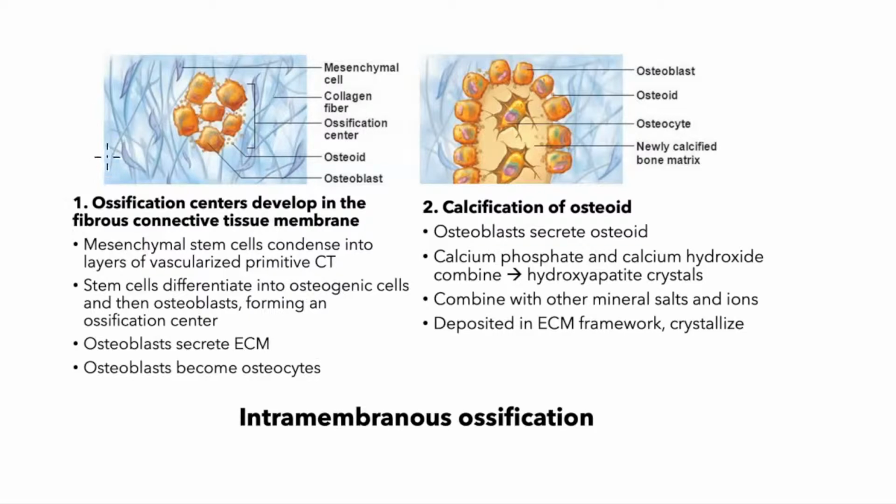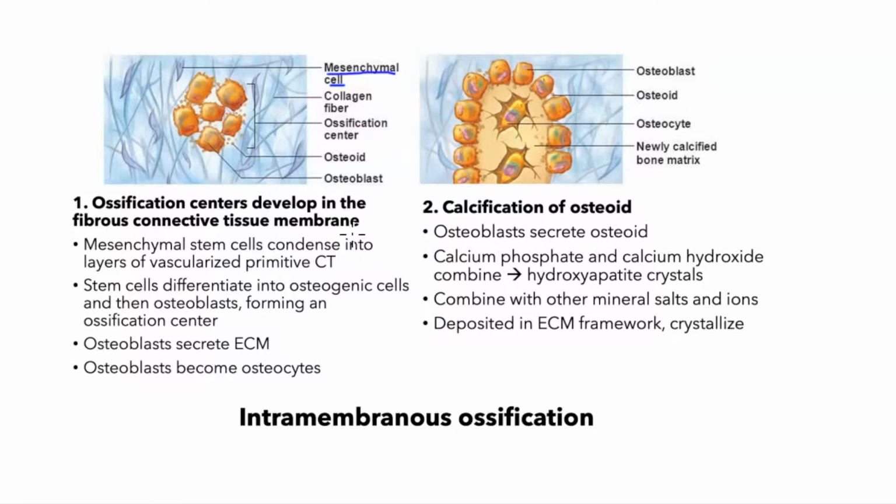So this bluish purplish tissue out here would be the fibrous connective tissue membrane. So what happens is that mesenchymal cells, mesenchyme is a type of tissue found in embryos. Stem cells from the mesenchyme condense into layers of vascularized primitive connective tissue. CT is my abbreviation for connective tissue.